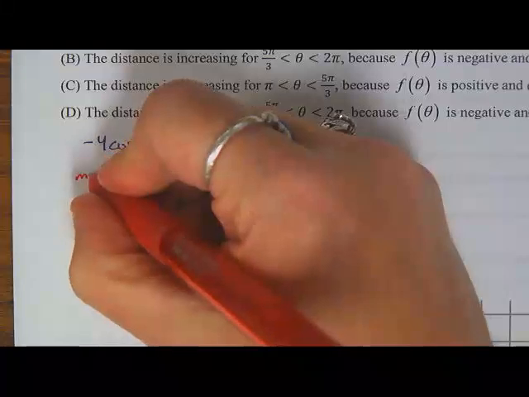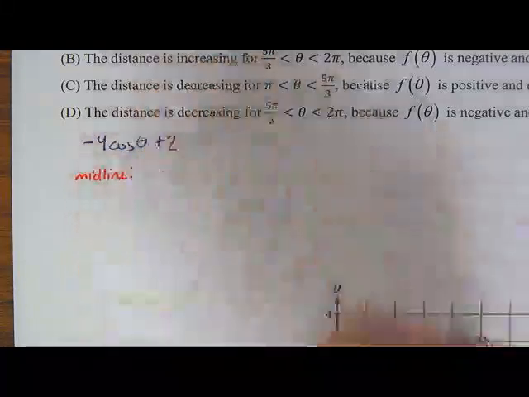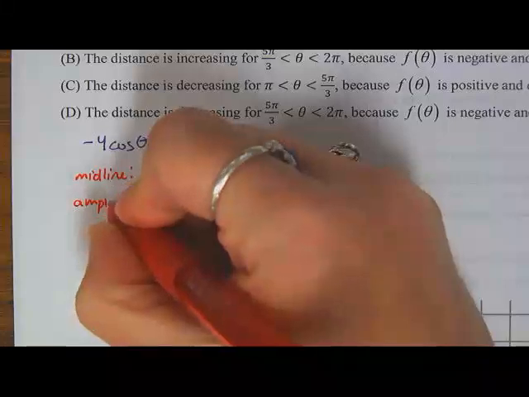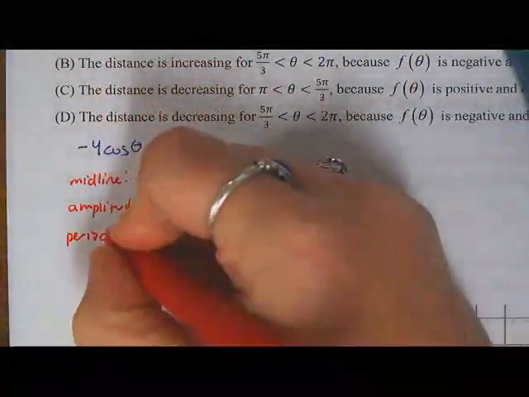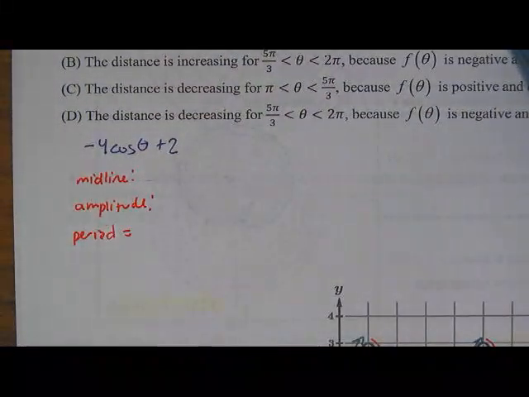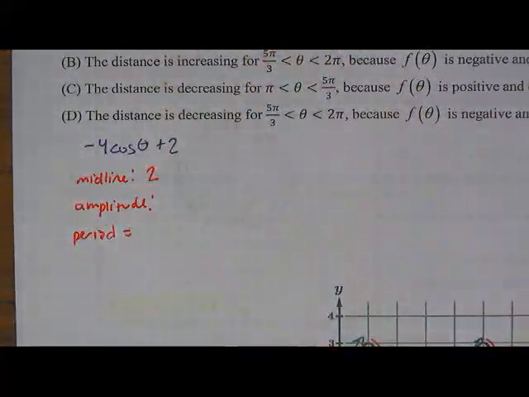So you should know things like where the midline is, what the amplitude is, what the period is. What's the midline? 2. It's whatever is being added or subtracted. What's the amplitude? It is 4.